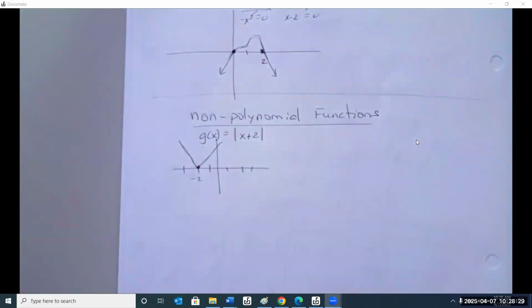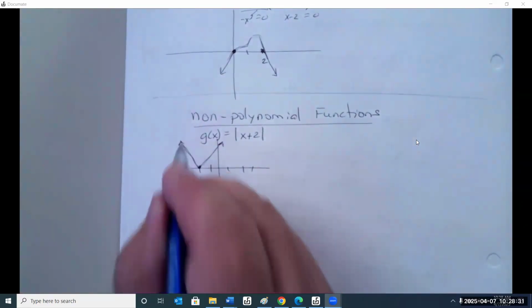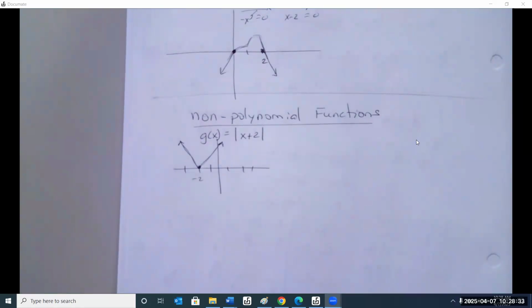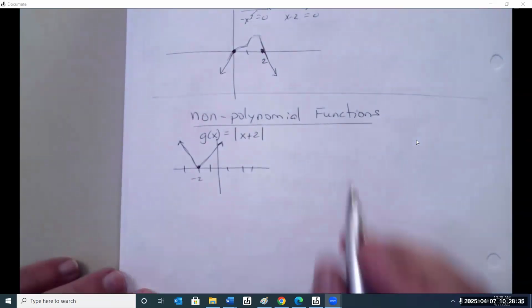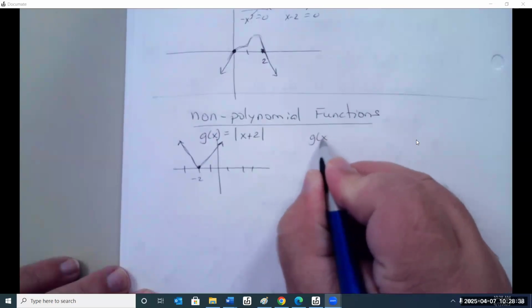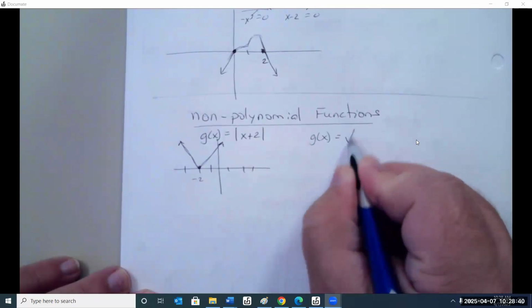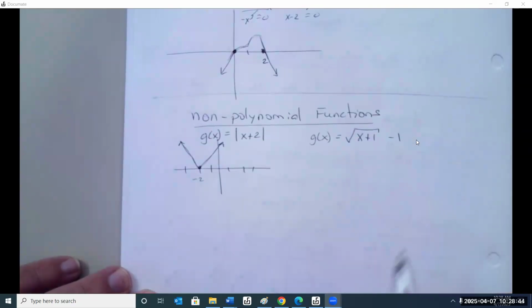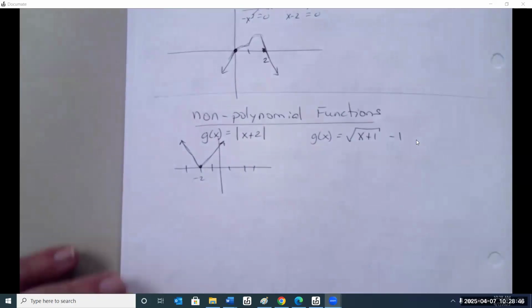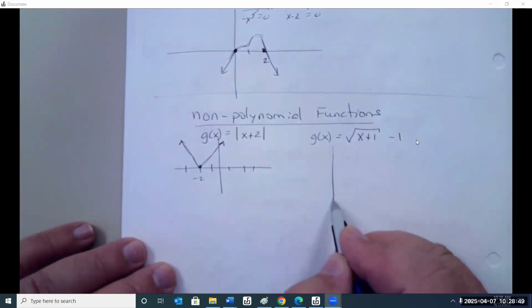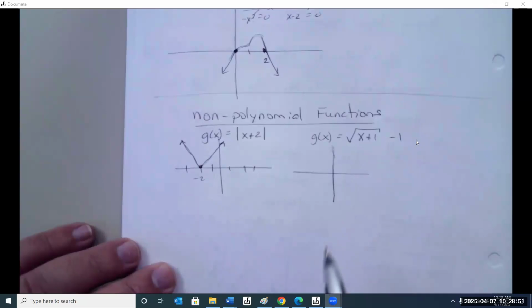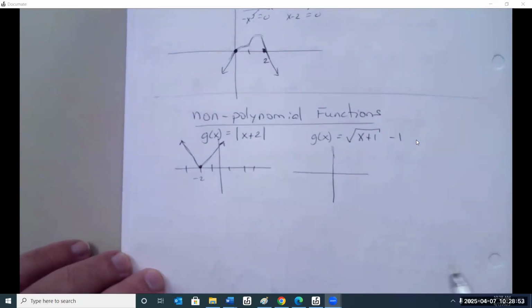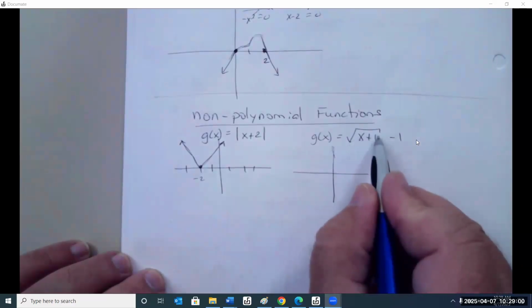The graph looks like this. This is a square root function.